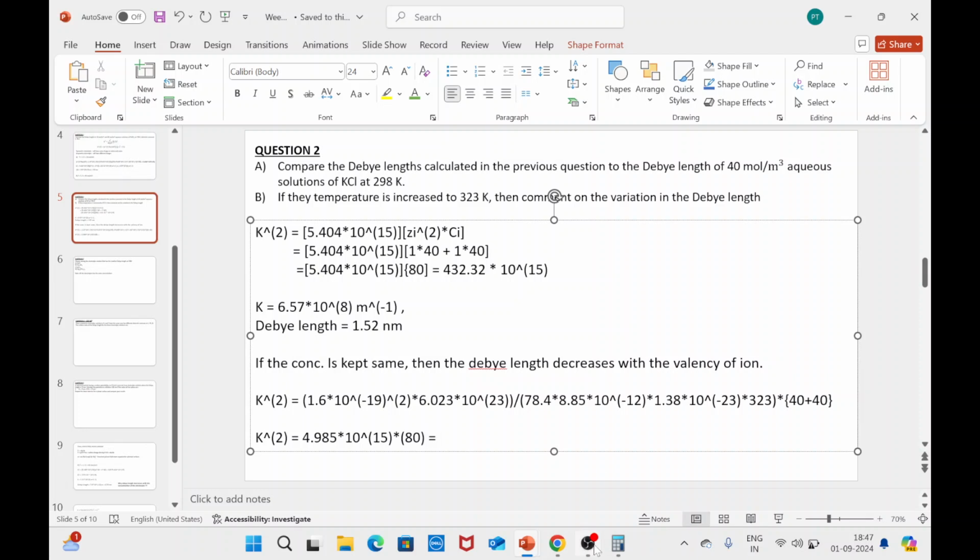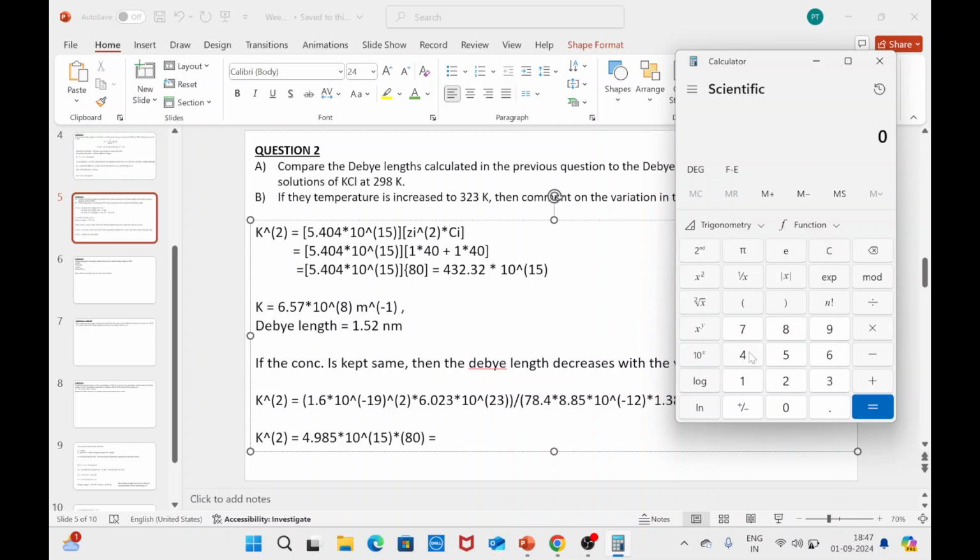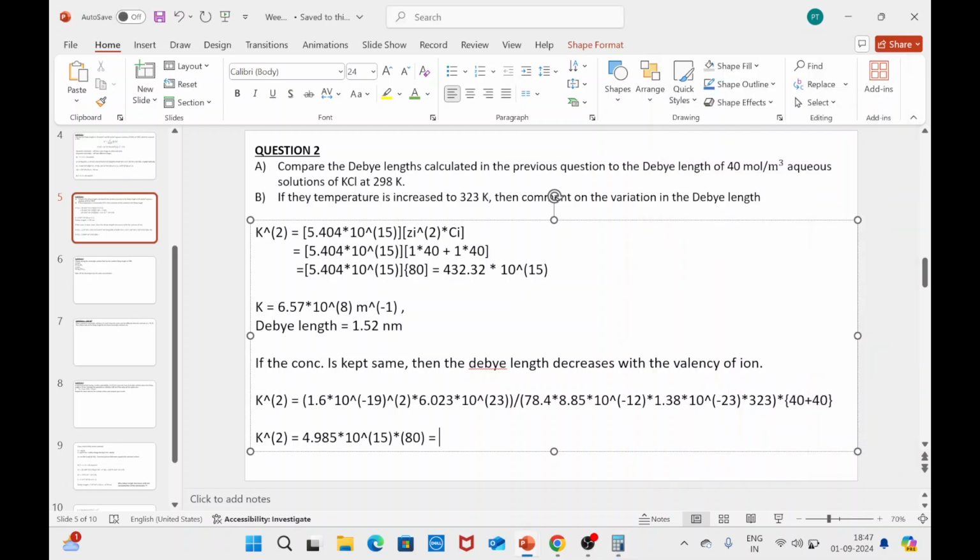So this value will be 398.8 times 10 to the power 15. So this is kappa square.